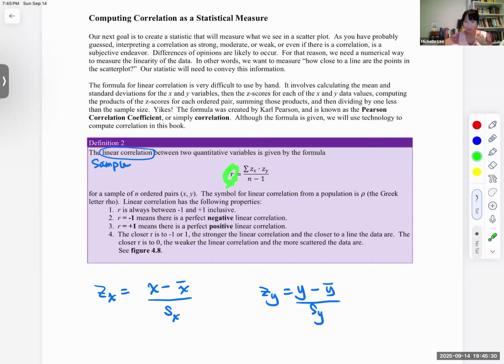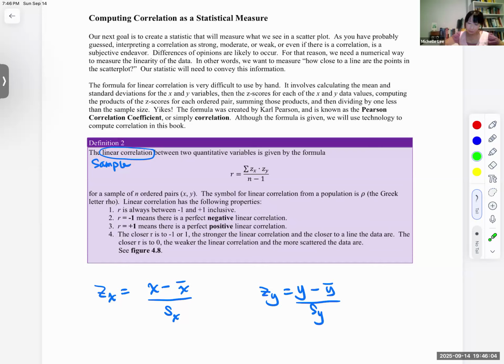So this number is telling us also positive, negative, and strong, weak, moderate, right? So, make sense? Earlier, we had a scatter plot with a trend pattern. We can recognize positive, negative correlation, and strong, moderate, weak, right? Or nonlinear and no correlation. Yes?